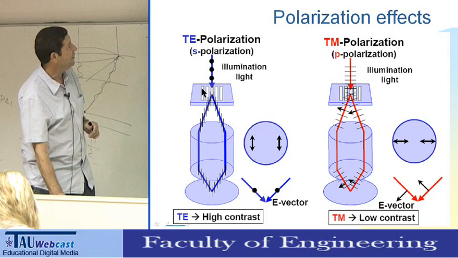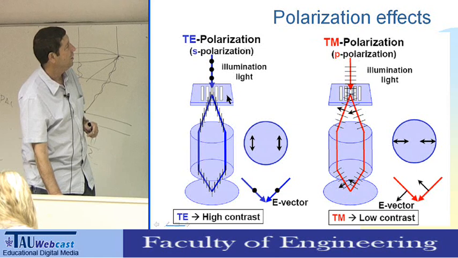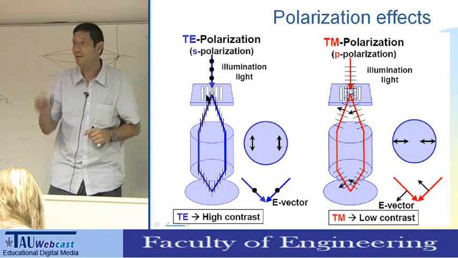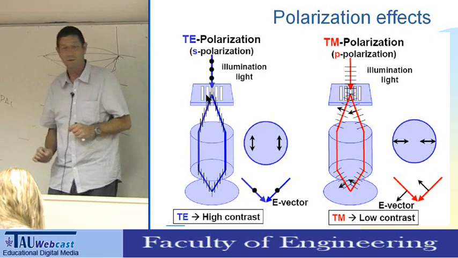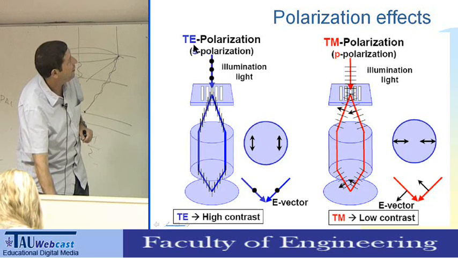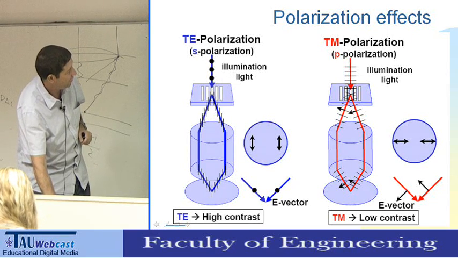But if you have light, you can have TE polarization or TM polarization, and you have to remember that the light is going through the mask, and the mask has some metallic components. If you have TE polarization, it goes through the mask, through your wafer, and hits the bottom.